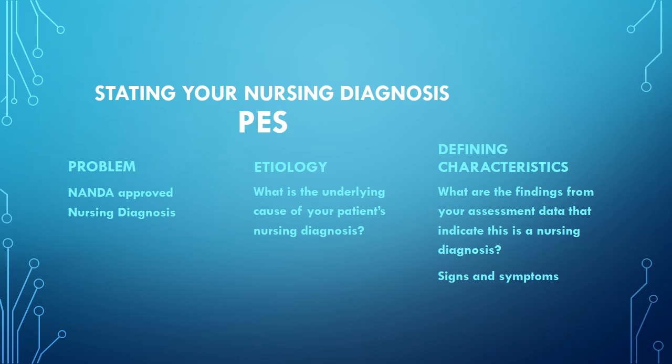nursing diagnosis being validated. So you think this is the problem, you identify what the cause of that problem might be, and you identify the defining characteristics, which are the signs and symptoms that your patient exhibits.